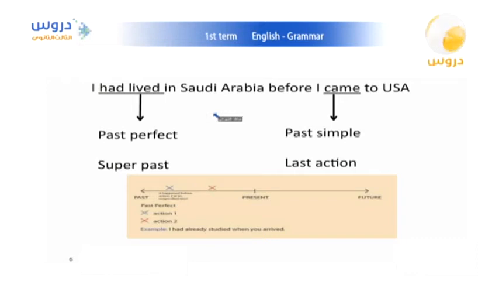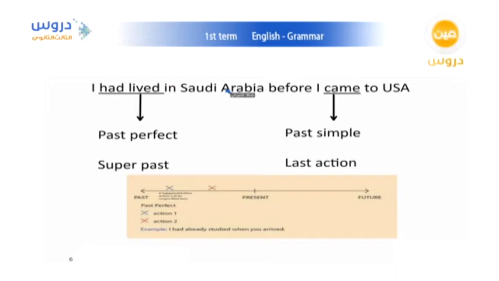And here we have the past perfect. I had lived in Saudi Arabia before I came to United States. If you look at the timeline now, this is past and this present and this future. So two actions. First one, had lived, which is the super past or past perfect. And another action is came, it's the past simple. This is the last action.